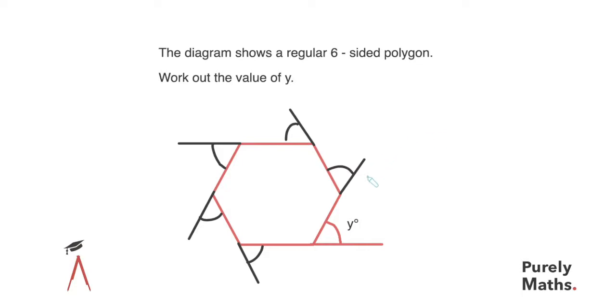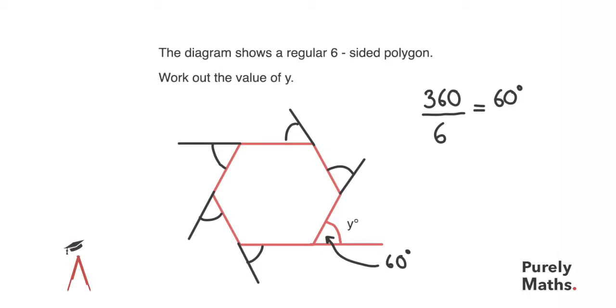And if you remember, the exterior angles add up to 360 degrees. So because it's regular, each of these angles are the same size. There are 6 of them, so we just need to do 360 divided by 6, which gives me 60 degrees. So the angle y is just 60 degrees.